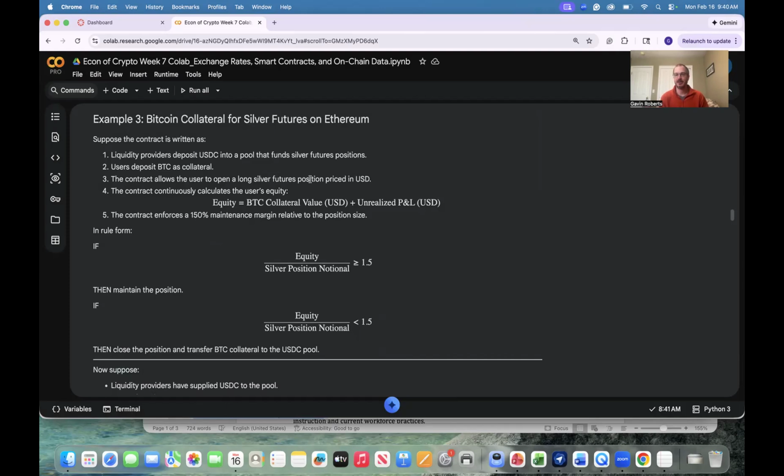So this example is an attempt, A, to teach you more about smart contracts and about finance and things about margin. Margin means I'm going to bet on speculative assets with borrowed money, which will allow me to increase my return. Maybe I only have $100 in my bank account. If I invest $100 in silver and it goes up 25%, I made $25. But maybe instead of doing that, I can find somebody to give me a $100 loan in addition to my $100.